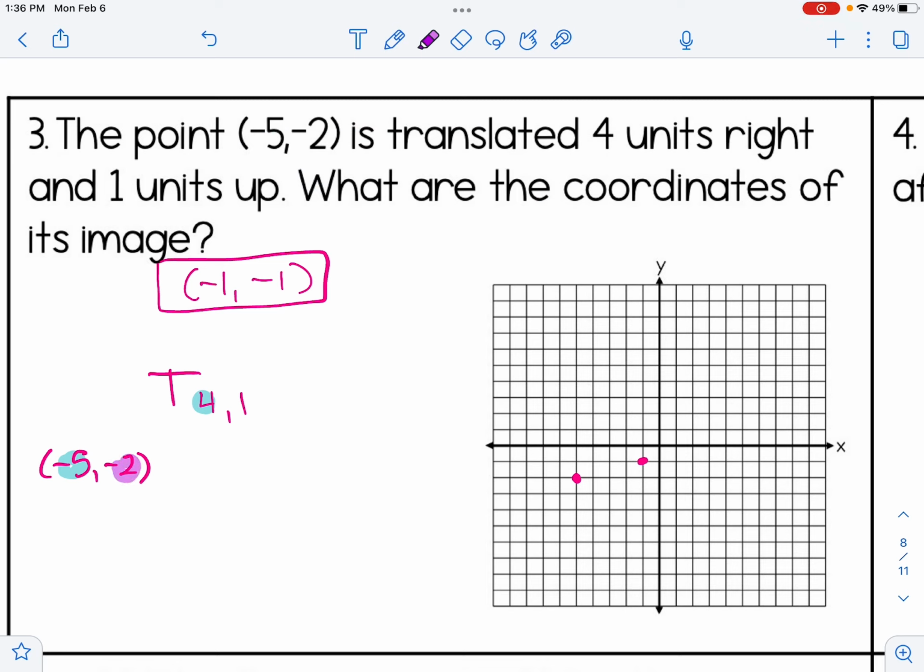And negative 2 and 1 both relate to the y value. So if I basically add 4 to the x value, I'm going to get negative 1. And if I add 1 to the y value, I'm going to get negative 1. And I can get my answer that way without ever plotting on the graph. So basically find the matching values, the 2 that relate to x coordinates, the 2 that relate to y coordinates, and combine them using addition or subtraction based on what numbers you have. Okay.